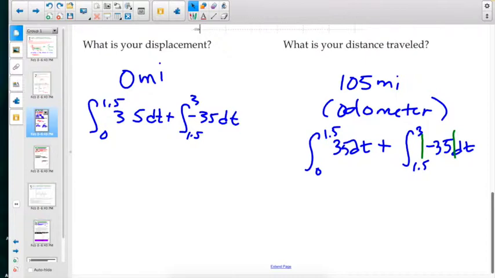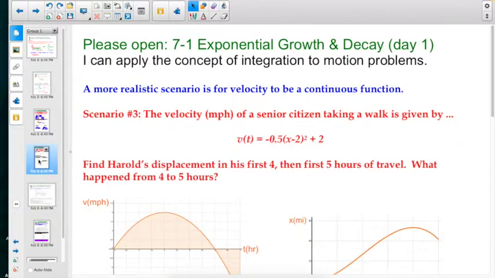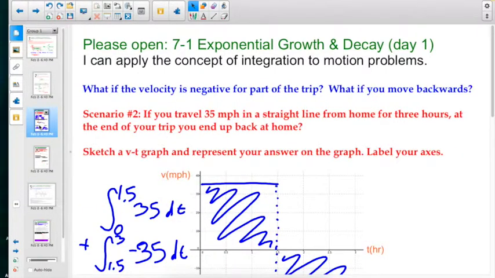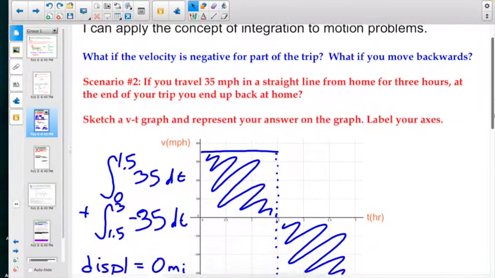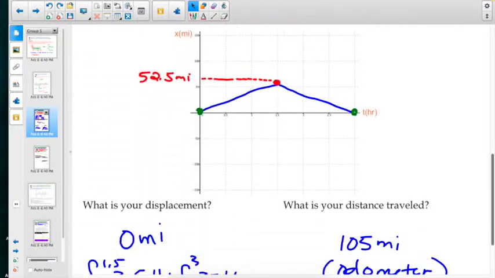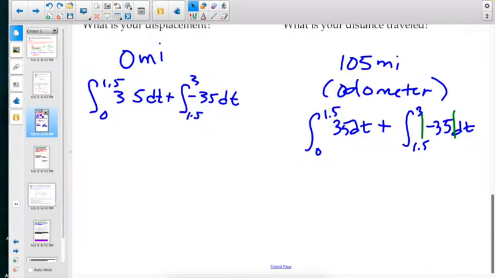How are we doing so far? Doing okay? Yep. Okay. Actually, one last thing before we leave this. We looked at this numerically, we looked at it analytically, in other words, we're setting up the actual calculus.